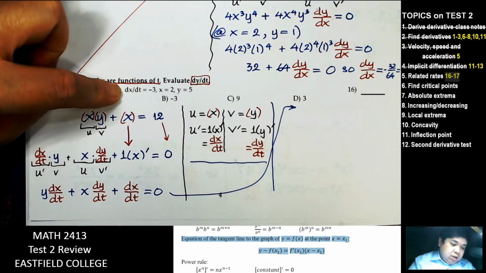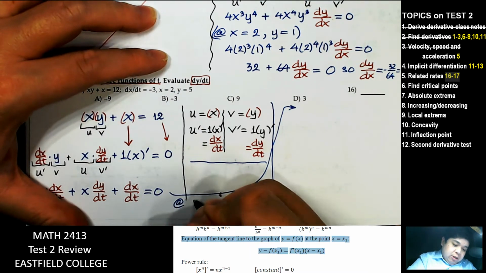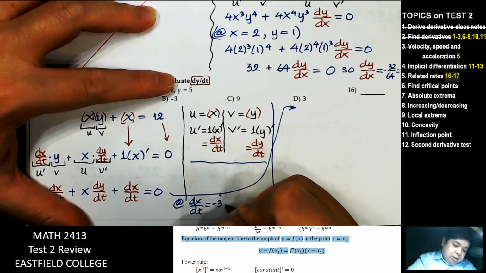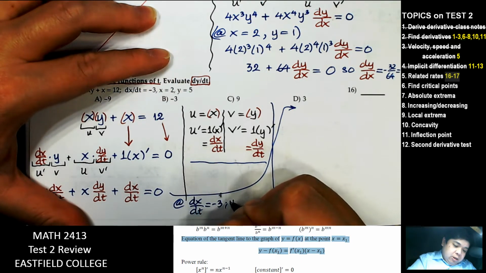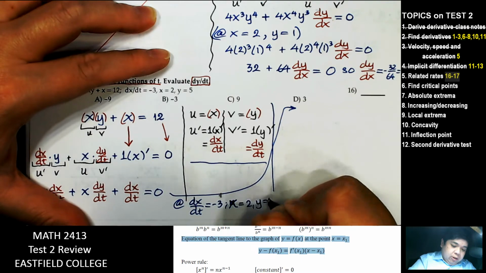dx over dt is -3, x is 2, and y is 5. x equal to 2 and y equal to 5.